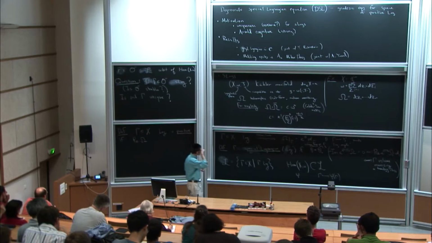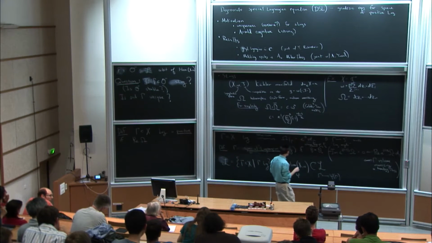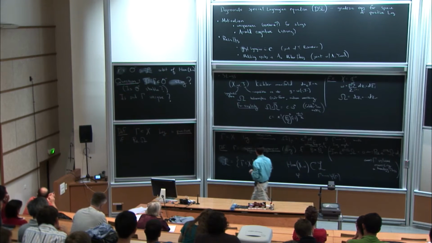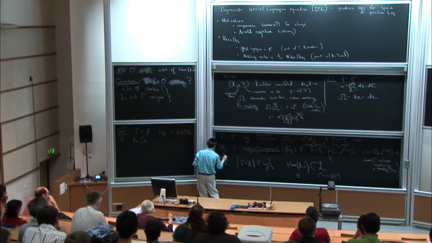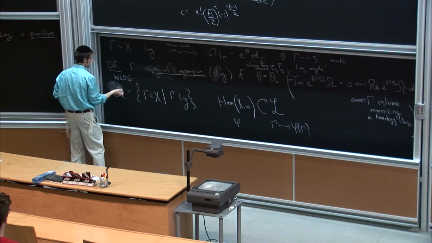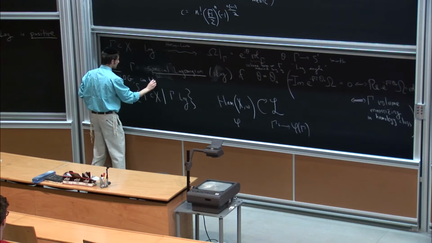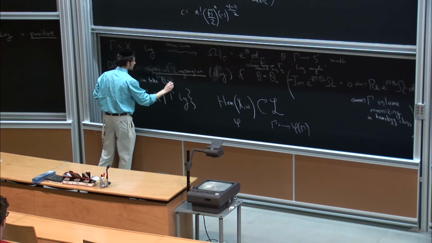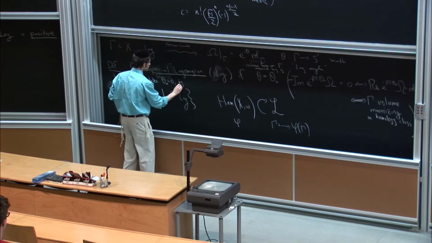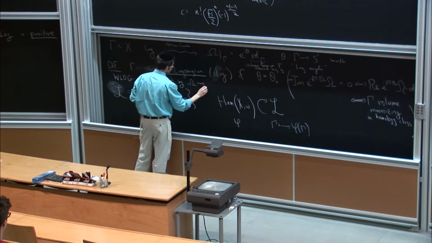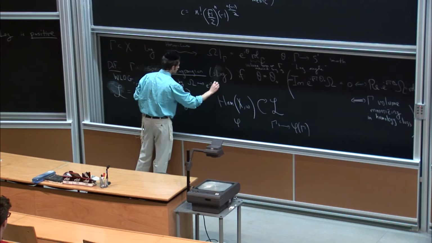Oh, sorry, I forgot to mention over here that without loss of generality, we can always take theta naught to be 0 by changing Omega to e^{i theta naught} Omega.